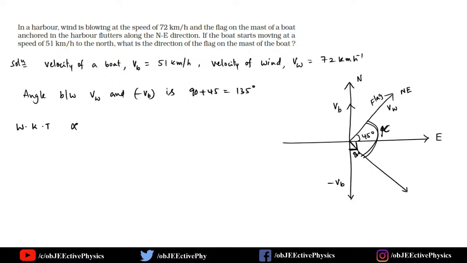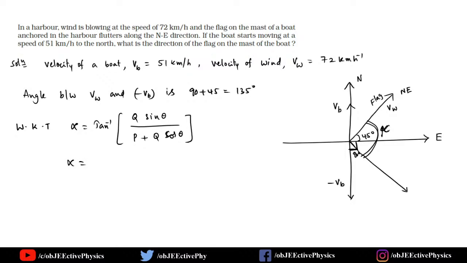So we know that alpha is equal to, according to the parallelogram law of vector addition, the second vector into sin theta divided by the first vector plus the second vector into cos theta. This is the formula for the direction of the resultant vector.